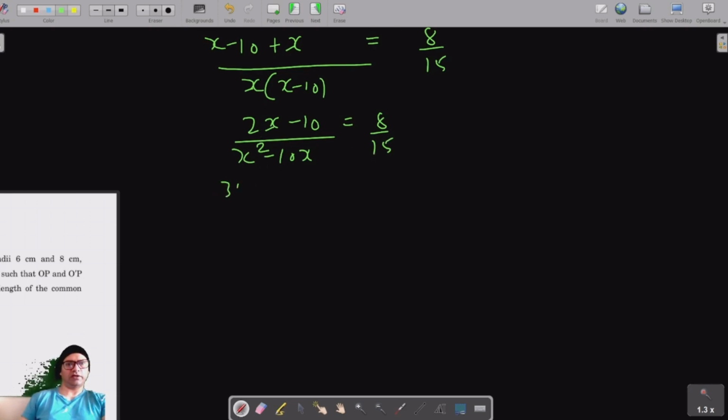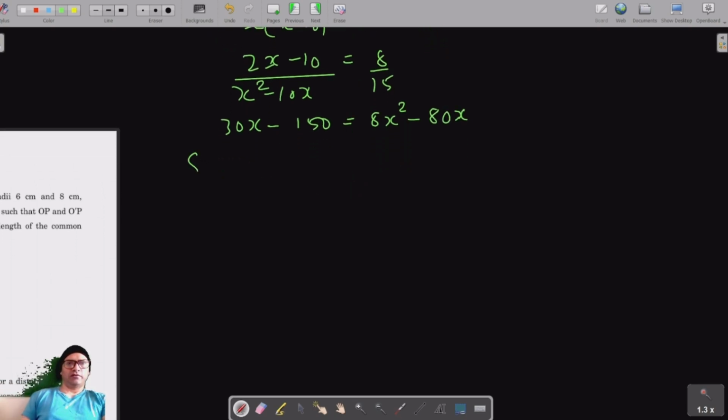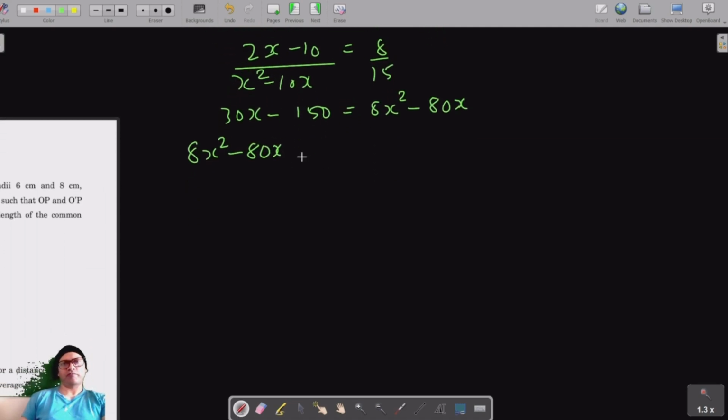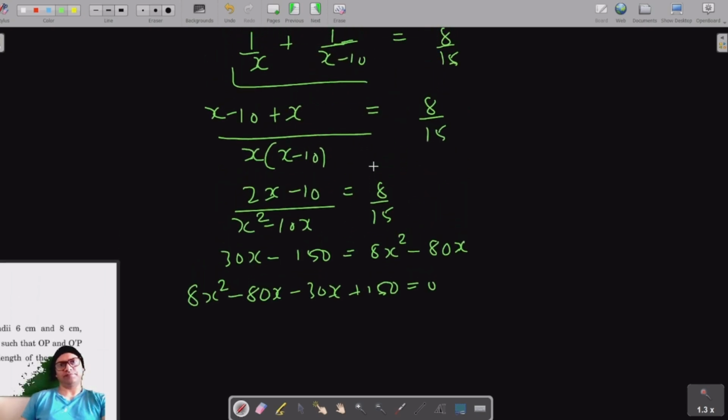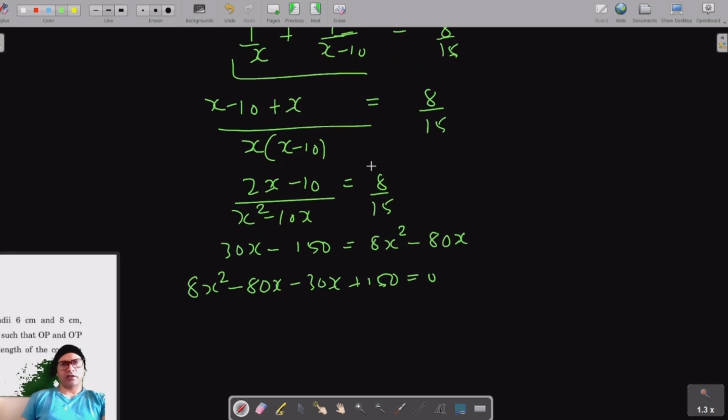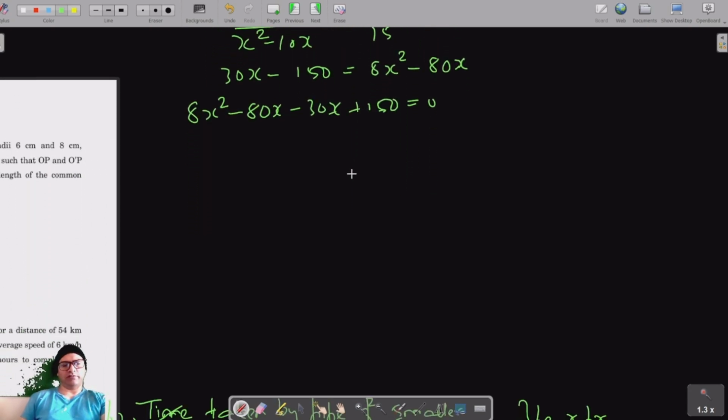So cross-multiplying, 30x minus 150 is equal to 8x squared minus 80x, which gives me 8x squared minus 80x minus 30x plus 150 is equal to 0, so 8x squared minus 110x plus 150 is equal to 0.